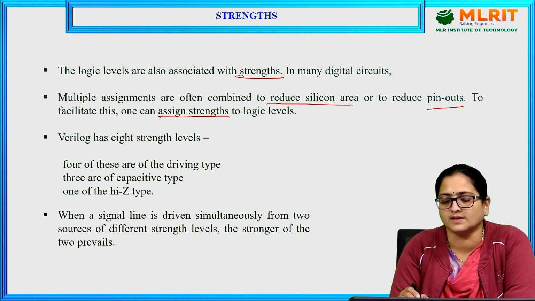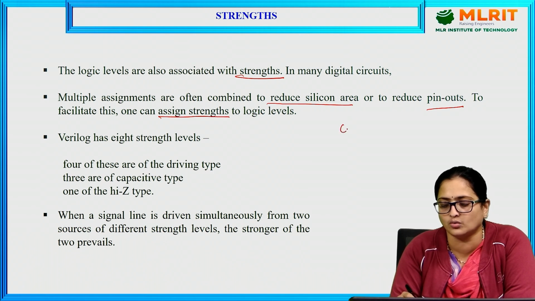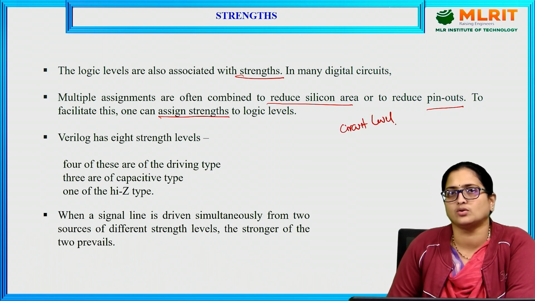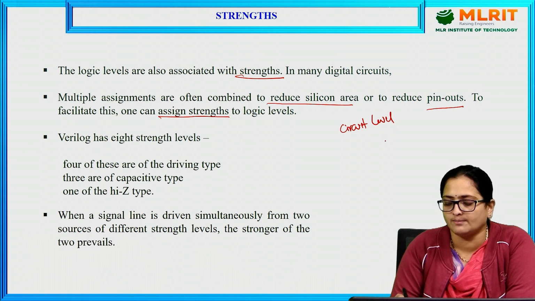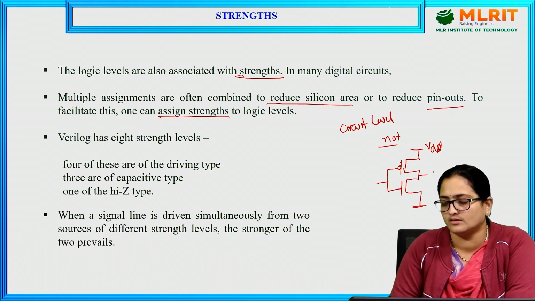When you are talking with respect to circuit level designing, for example, if you have taken a NOT gate, I'm taking a CMOS NOT gate. The CMOS NOT gate can be represented in terms of PMOS and NMOS as shown here. This is an output and this is an input.